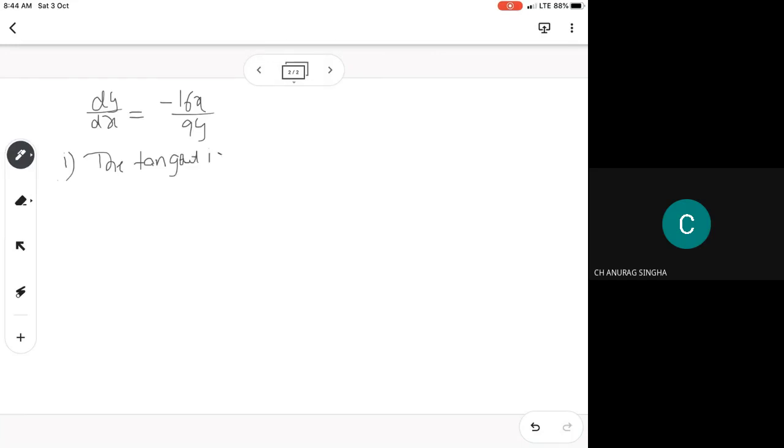A tangent parallel to the x-axis means its slope is equal to the slope of the x-axis, which is 0. So that is nothing but minus 16x by 9y is equal to 0.